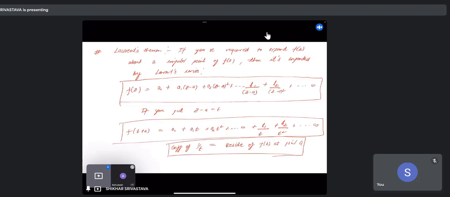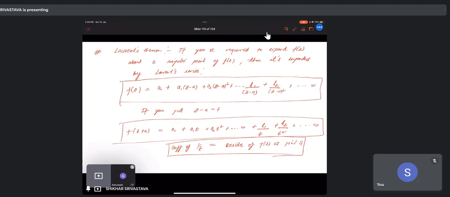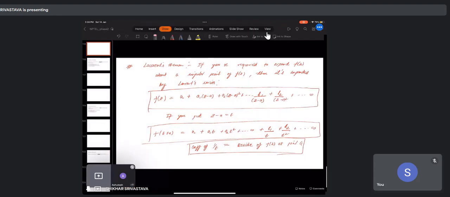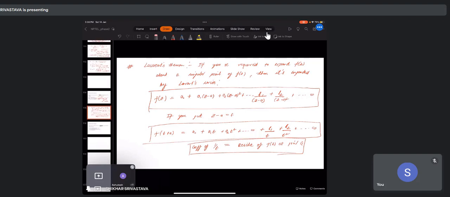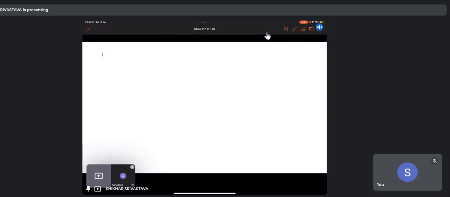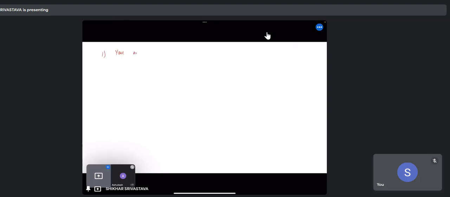First of all, you expand the function in Laurent series form, and second, find the highest negative power in z.